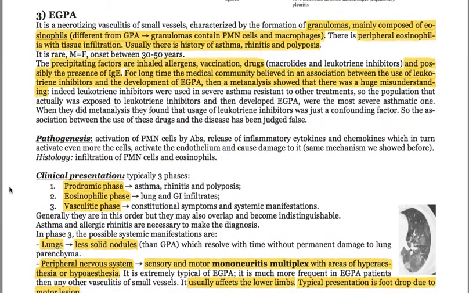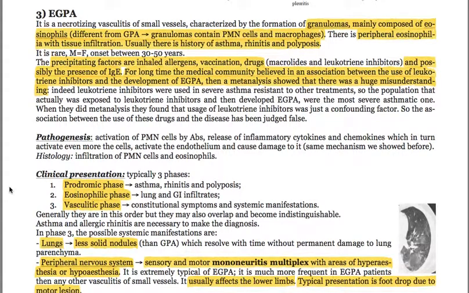Eosinophilic granulomatosis with polyangiitis is a necrotizing vasculitis of small vessels, characterized by the formation of granulomas mainly composed of eosinophils. This is different from granulomatosis with polyangiitis, where granulomas contain polymorphonuclear cells and macrophages.